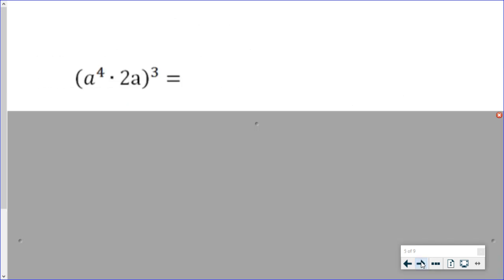Okay, so first things first, I'm going to put a little 1 here. Now I'm going to distribute that there, power to a power, a to the power of 4 times 3 is 12, times 2 to the power of 3 times 1 is 3. And remember, there's also a little 1 here. So a to the power of 1 times 3.